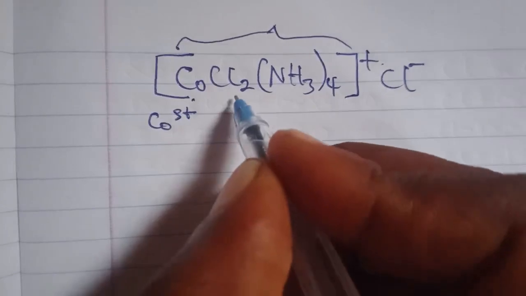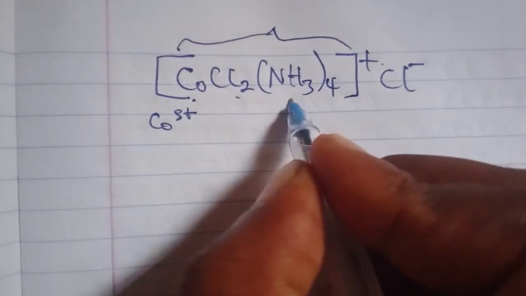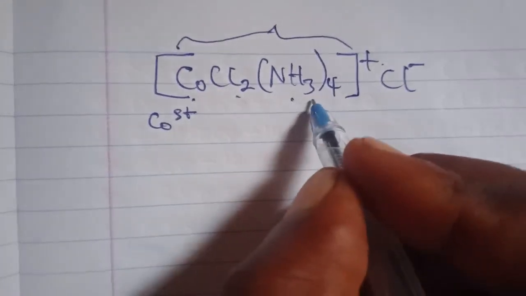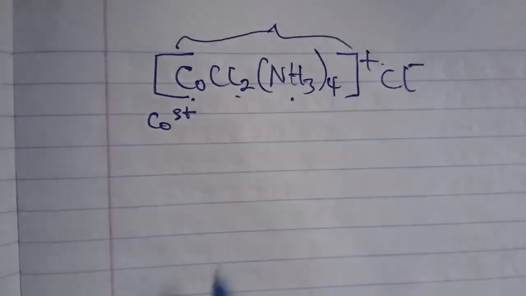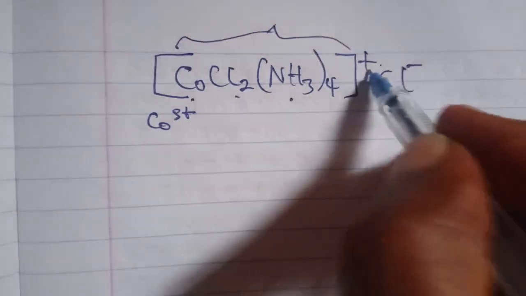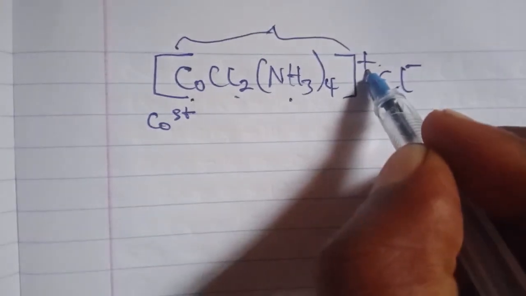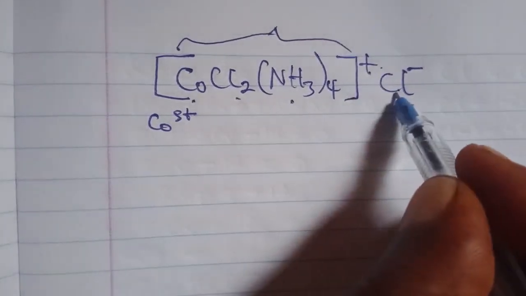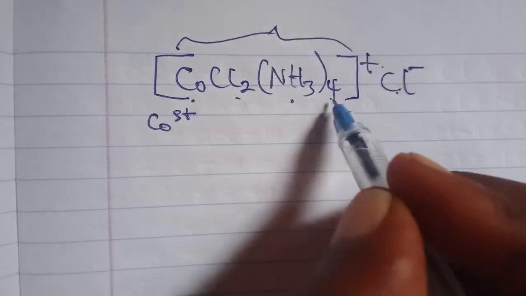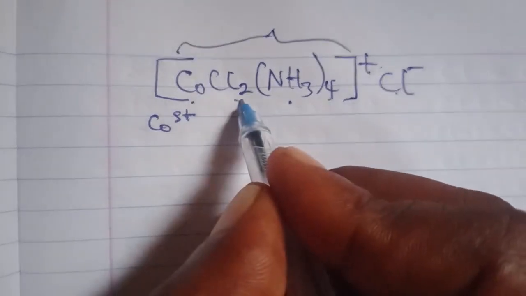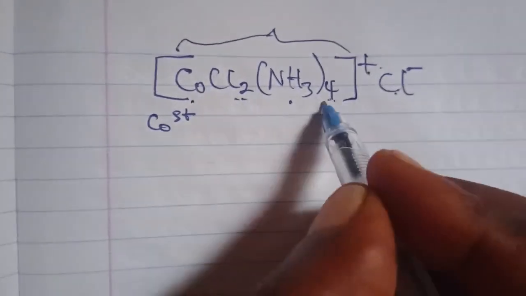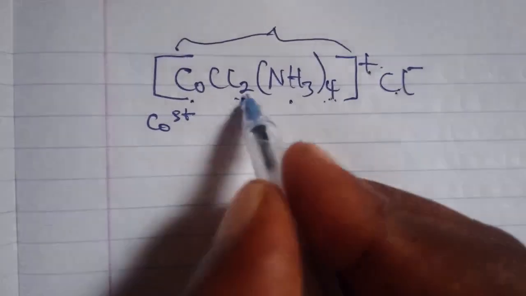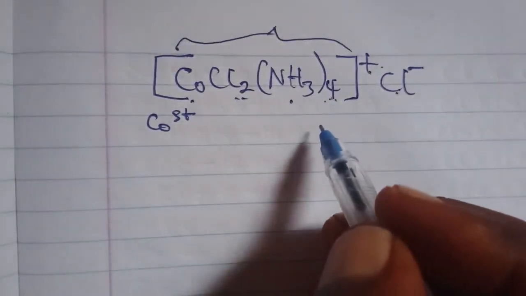You can see this is the ligand, this and this, the ammonia and the chloride ion, they are the ligands, and this is the charge number of the complex cation. This is the ionizable anion, and this is the coordination number 4 and 2, which is 6. The coordination number of this is 6. So cobalt has the coordination number of 6 in this place.